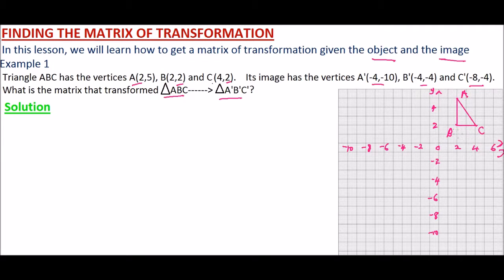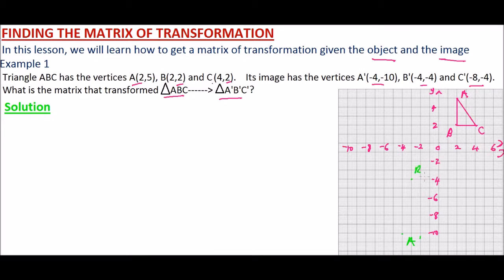So let's go ahead and plot the image. A is at (-4, -10). So that's minus 4, and this is minus 10. That's where we have our point. So this is the image of A. Then B is at (-4, -4), so our B will be there.